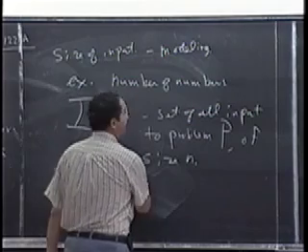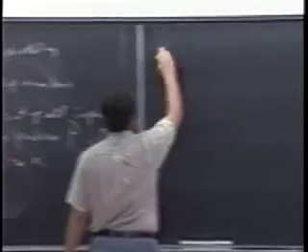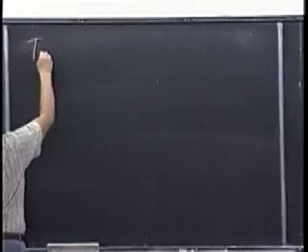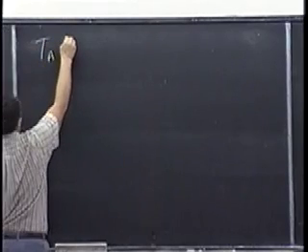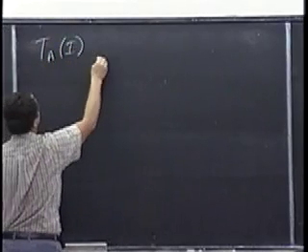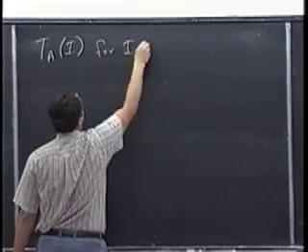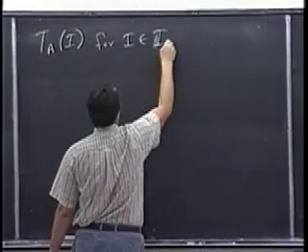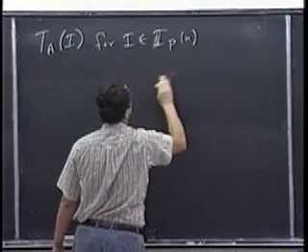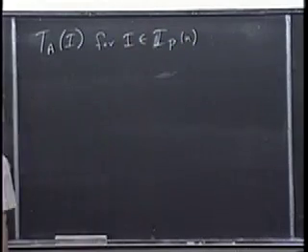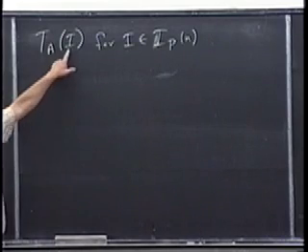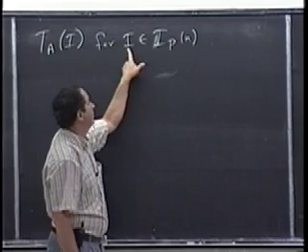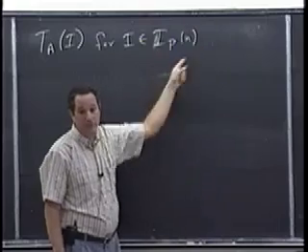All right. Then we're actually getting somewhere now. T_A(I) for I contained in I_P,n. This I is a particular input taken from this set.